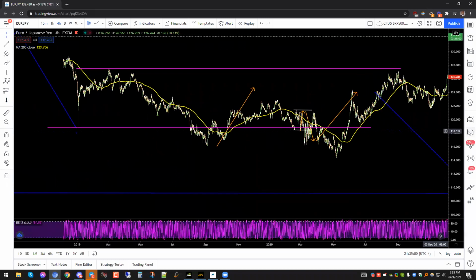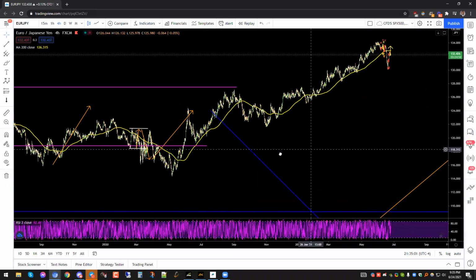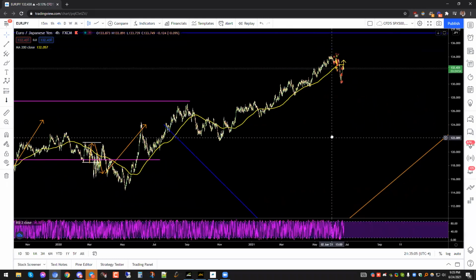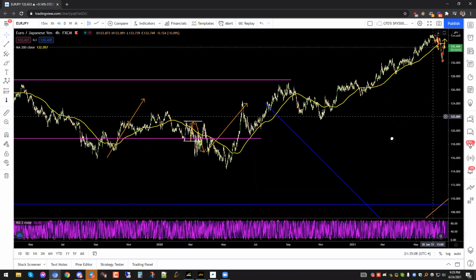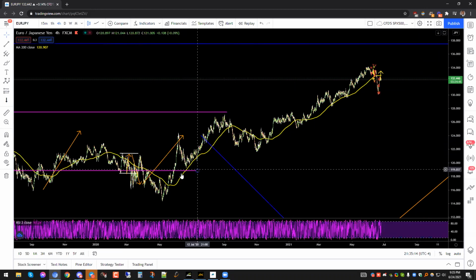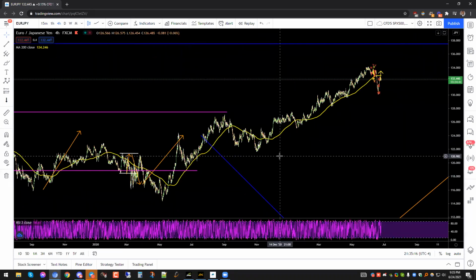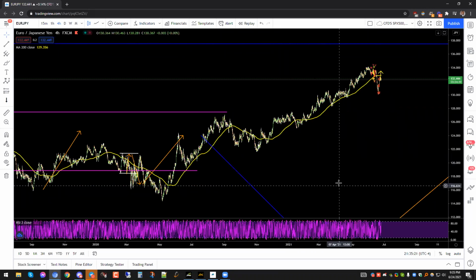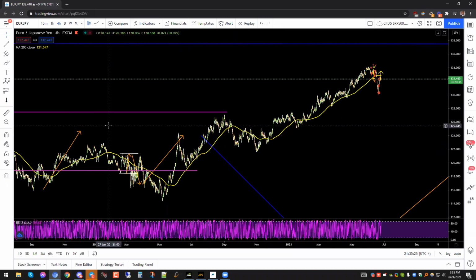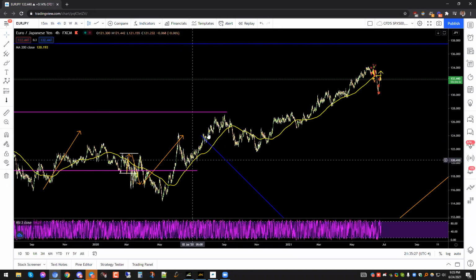So this wave structure has always been very complex. So let's see. This one looks like 1, 2, 3, potentially. This is a flat pattern formation. This one looks very complex.